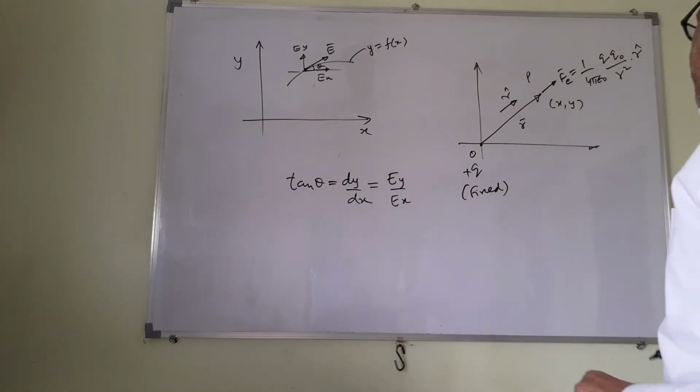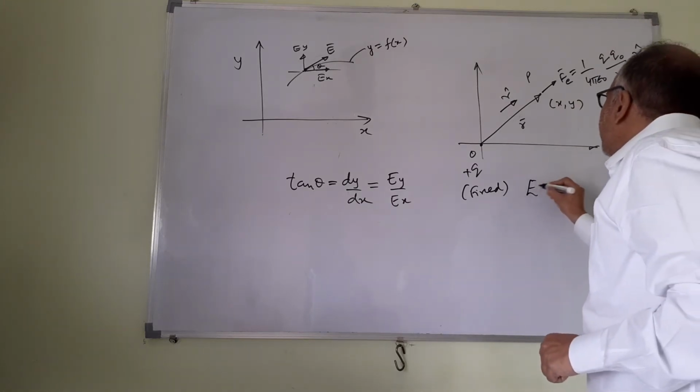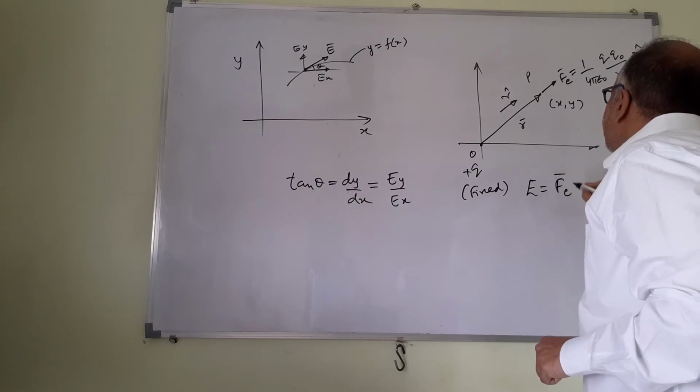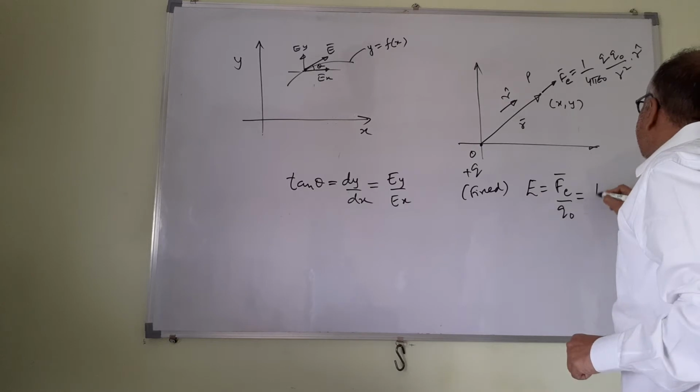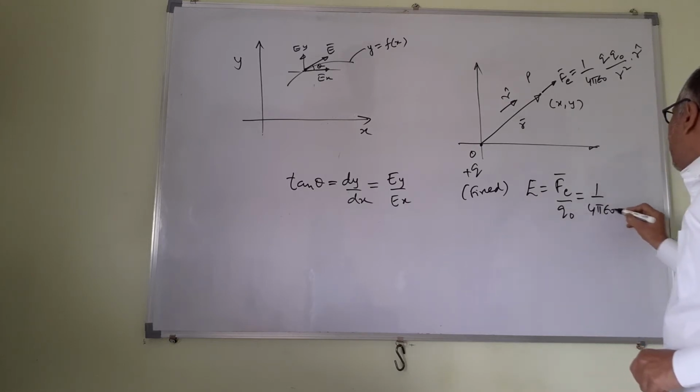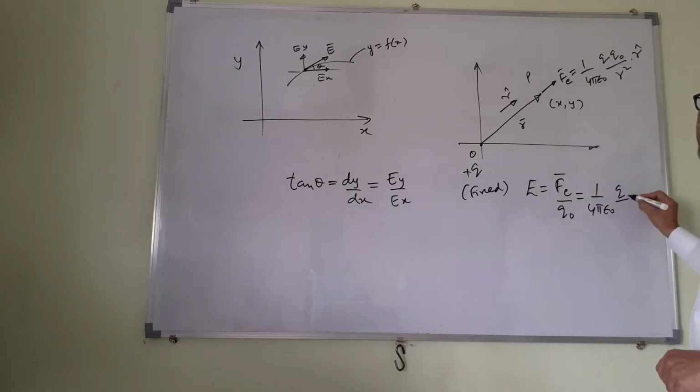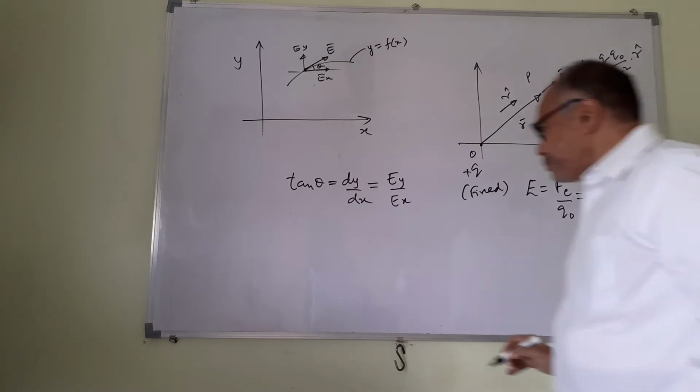So that is the force. The electric field would be Fe by q naught, that would be equal to 1 by 4 pi epsilon naught q by r squared into r cap.